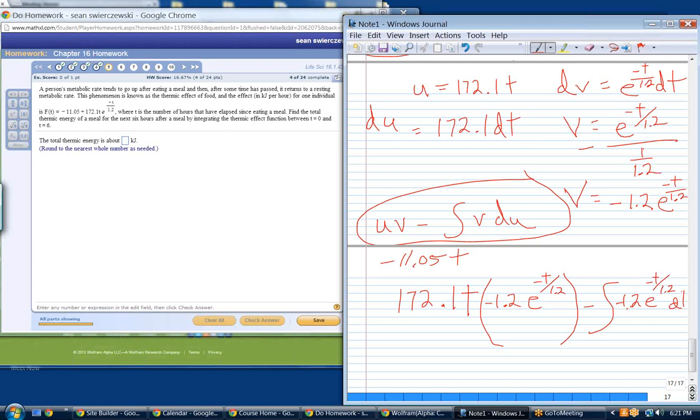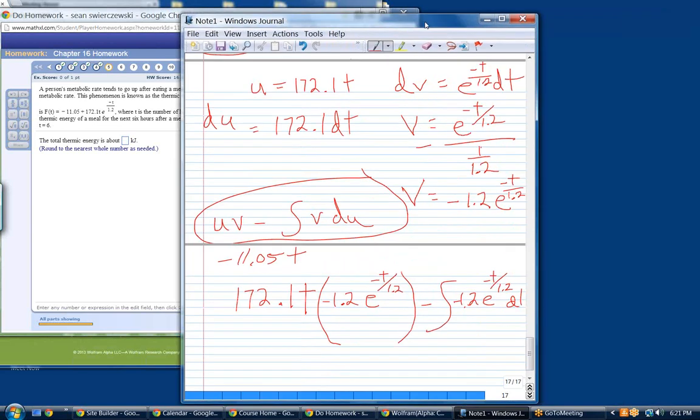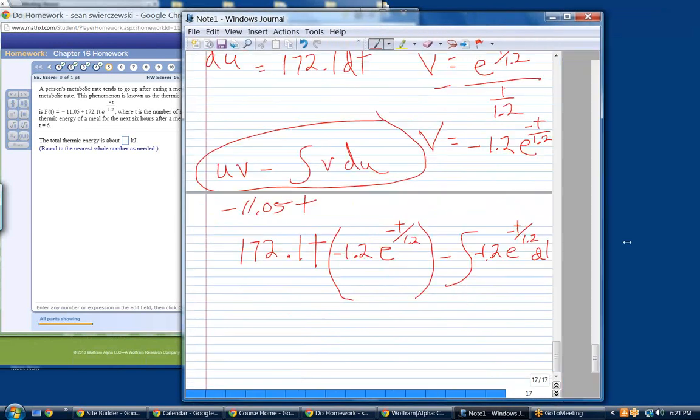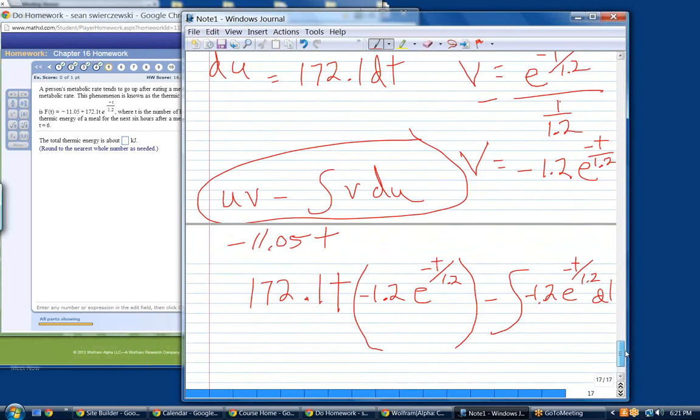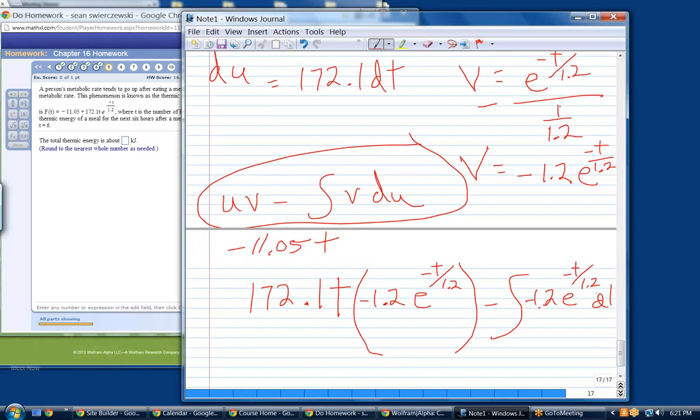What is du? I don't even have enough room to write it on this. So du is 172.1 dt. There's the dt part of it. Let me put the 172.1 in front, like that. Okay?